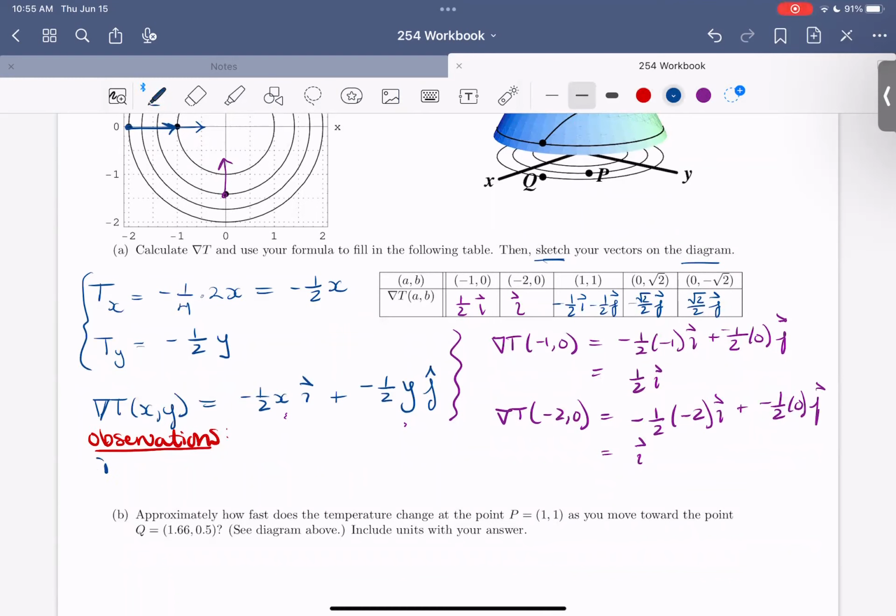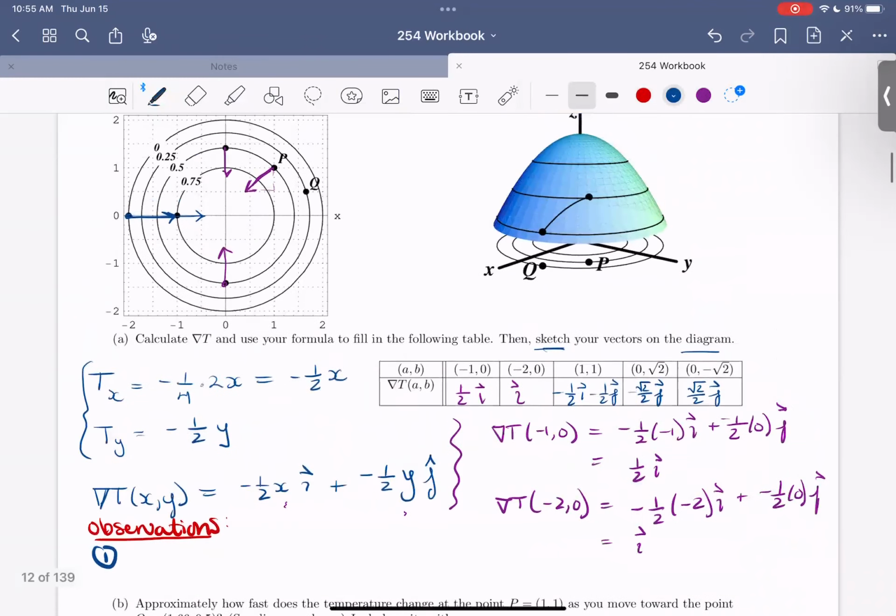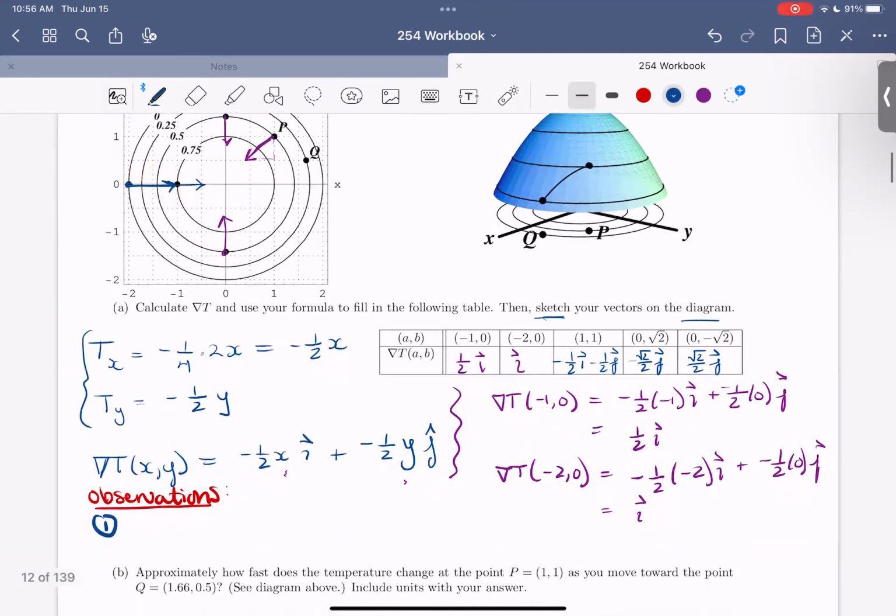All right. So what's our first observation we can make? Well, in regards to how the gradient vectors behave with the level curves, we can see that in each case, the gradient vector at a point is perpendicular to that level curve. We never see any gradient vectors going out this way or up that way. They're always perpendicular to the level curve. So I'm going to write that down.